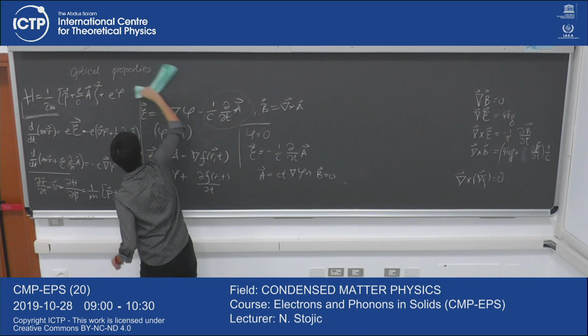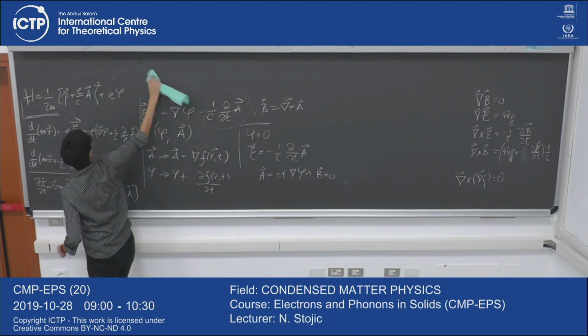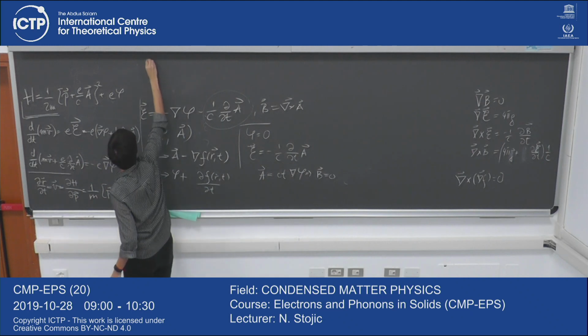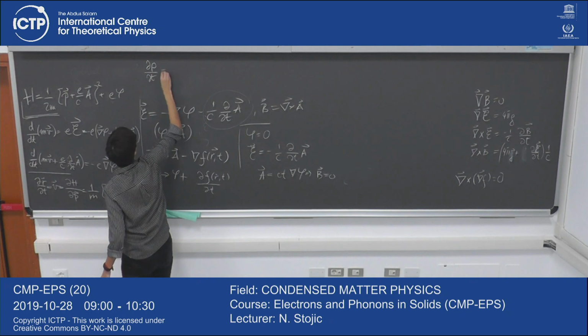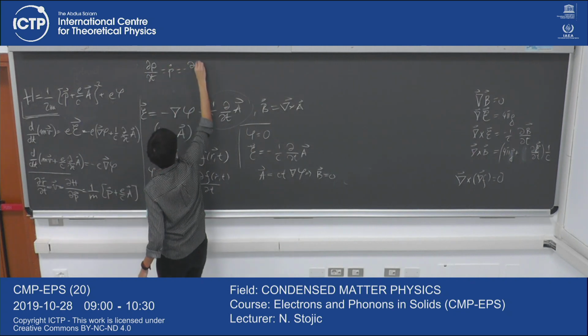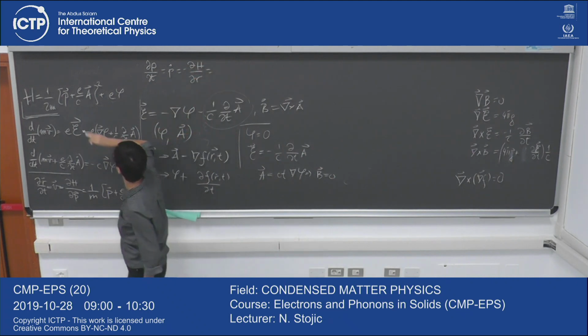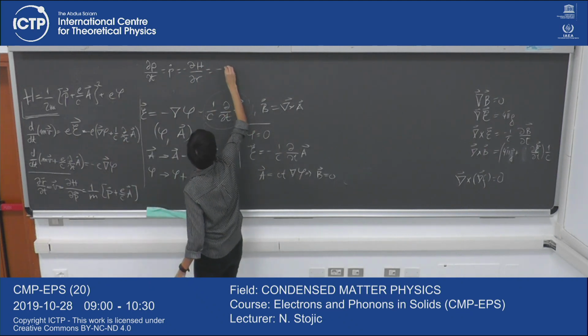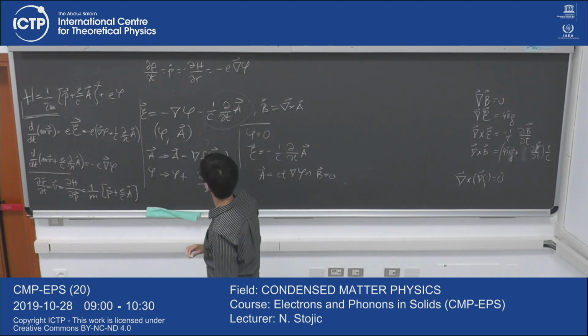Let me move this. And I can do the momentum derivative. And that's minus now. This doesn't depend, there is just this, minus e divergence phi. Okay.